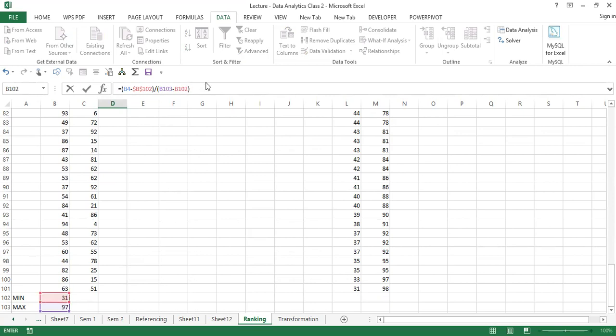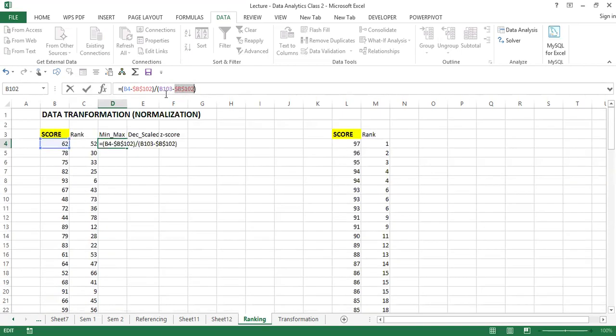Of course, this should also be absolute reference. And you press enter key.